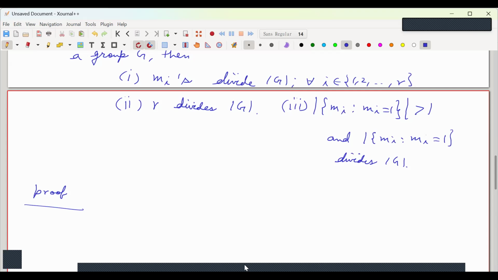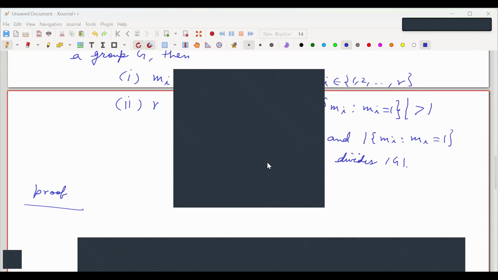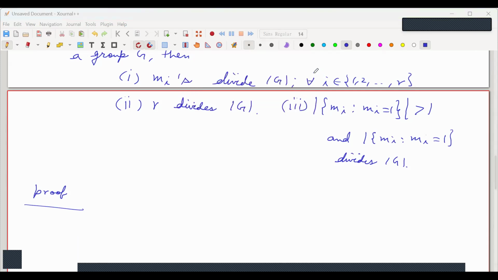So the order of G divided by the centralizer of element g will give me the order of the conjugacy class of g. And I know that the centralizer of g is a subgroup of G, which means its order divides the order of G, which means even the order of the class should also divide |G|.